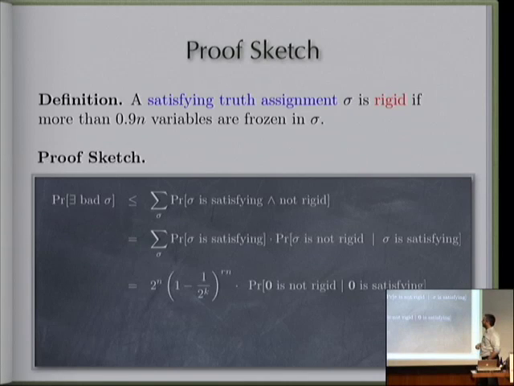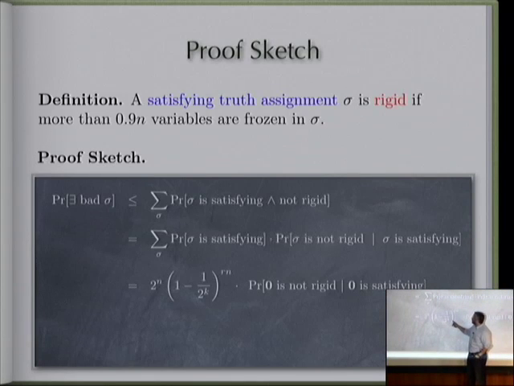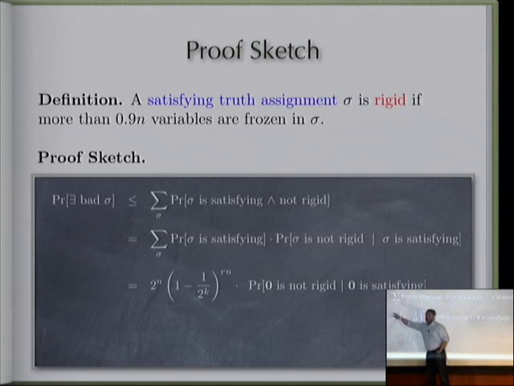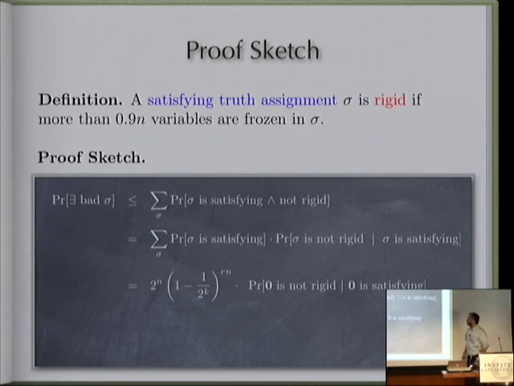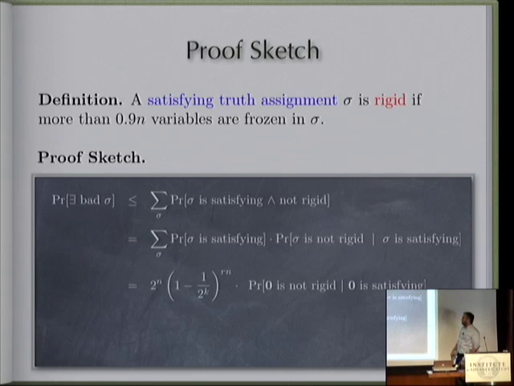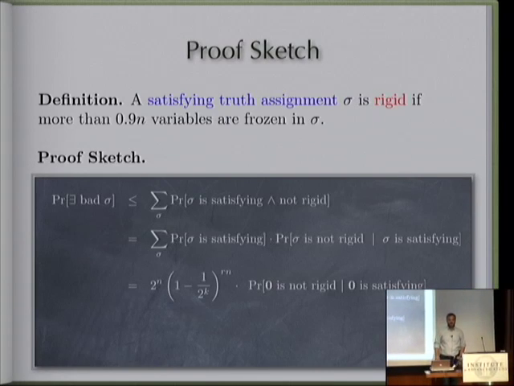Now, this is really easy. This is just this quantity. And then all truth assignments have the same behavior in this regard, so this gives me this. So remember, this is just the expected number of satisfying truth assignments. And now I'm left with this term, which is what's the probability that a particular assignment, all zeros, is not rigid, given that it is satisfying.